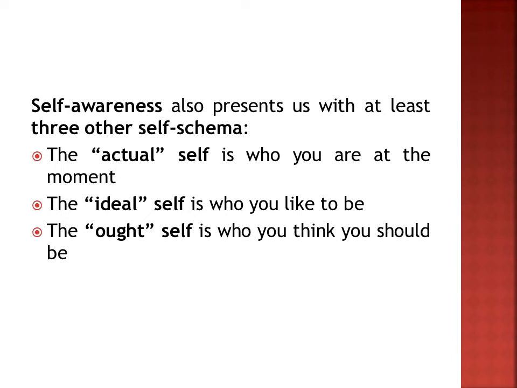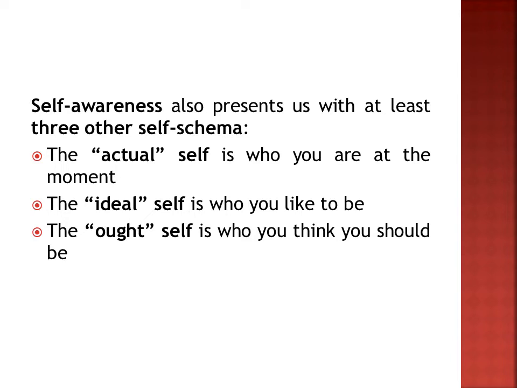So in her mind, she thinks that she needs to be that kind of person, the person that her mother wants. So she keeps on thinking and telling herself that I should be that person. So that's the ought self.